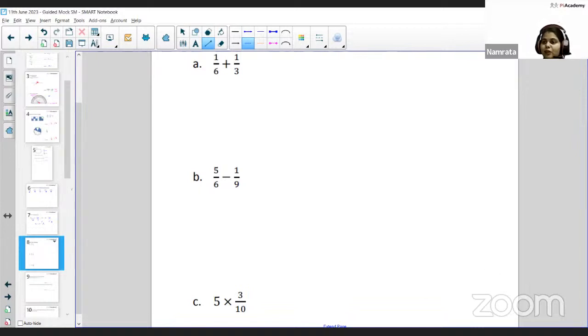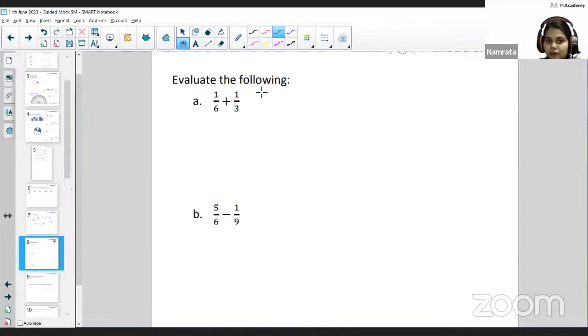Great. So yes, I hope we can start with the discussion. So here we have the first question, that is 1 over 6 plus 1 over 3. If we carefully observe, I'll write this down, 1 over 6 plus 1 over 3. We do not have the denominators common, so we'll have to make them common. So accordingly, 6 and 3, they both appear in 3's table.